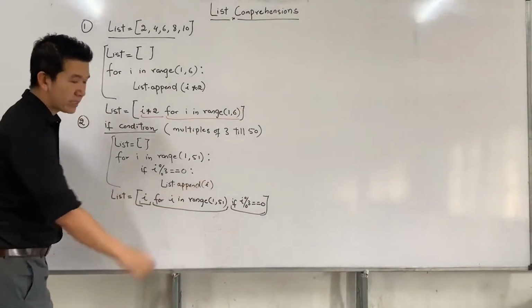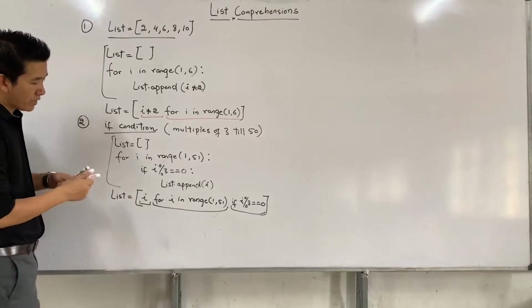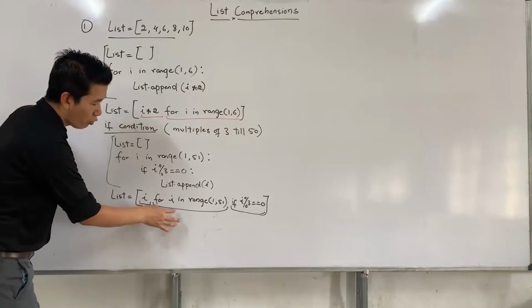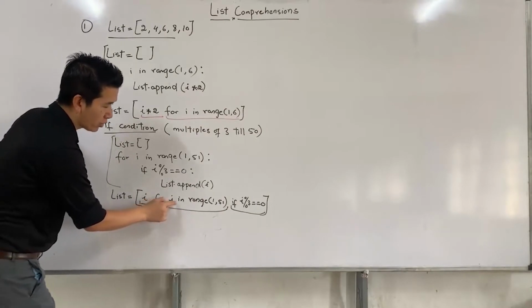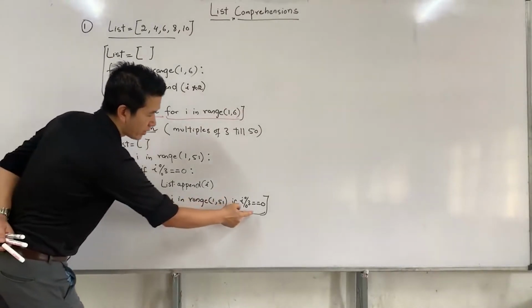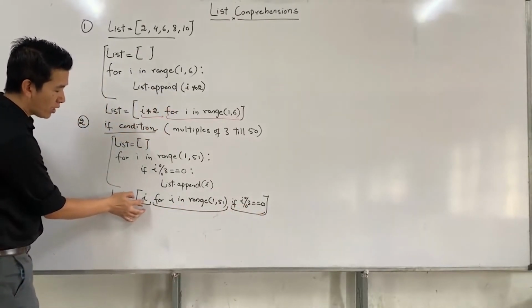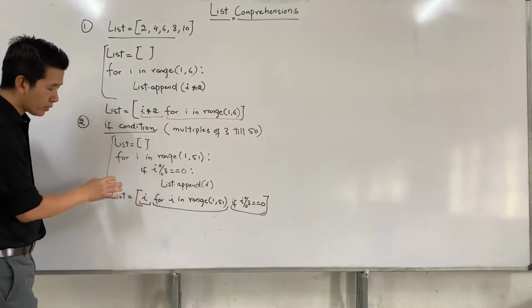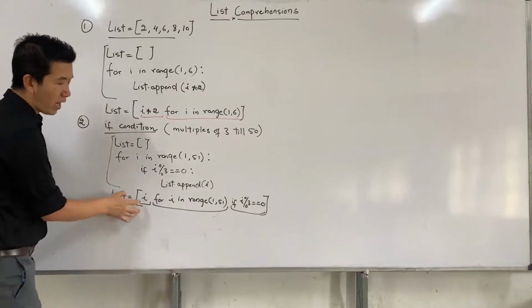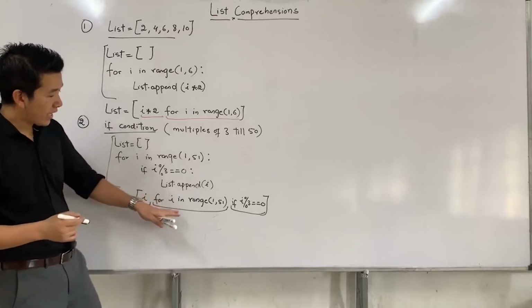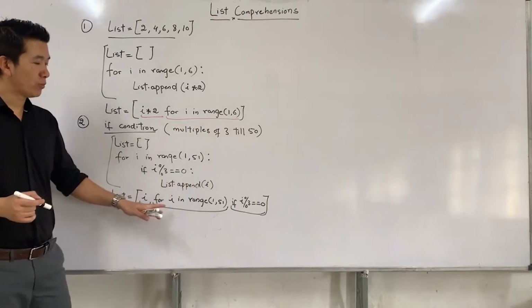So the order of execution is going to be like this. First things first, the for loop will be executed. The value of i will start with 1 and then it checks the condition. If the condition is true, the value of i will be assigned to the list, or in other words, i will become the first element of the list. And then it moves on to the next value of i, which will be 2.